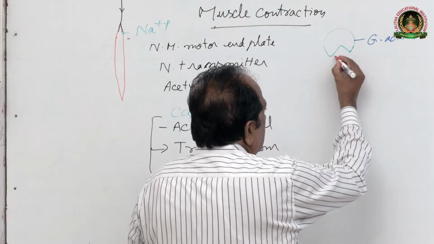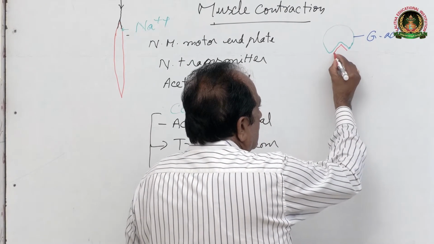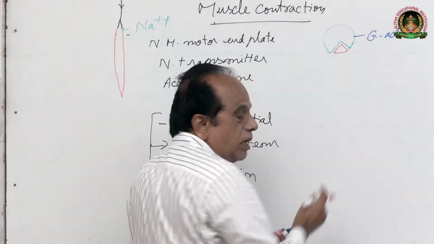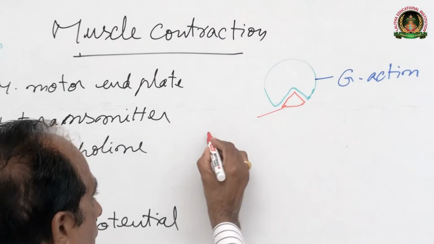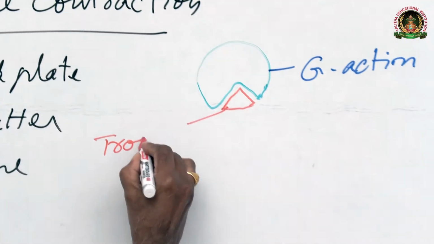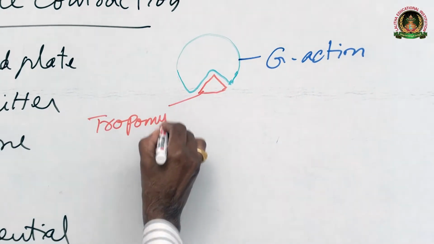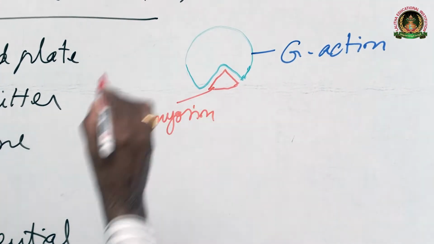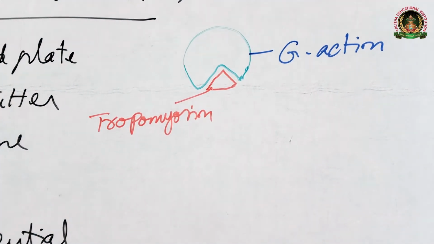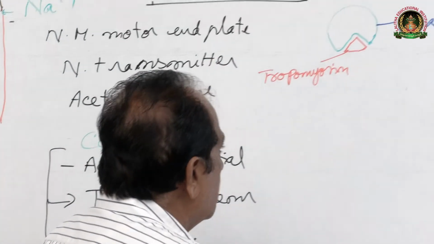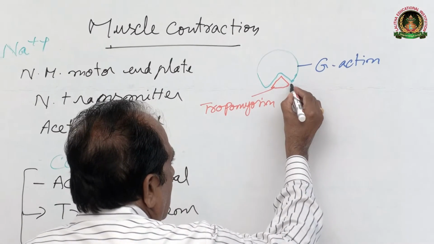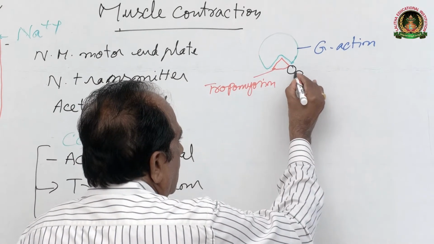This active site is enclosed or covered by tropomyosin. This is tropomyosin. And tropomyosin is attached to another regulatory protein, that is troponin.